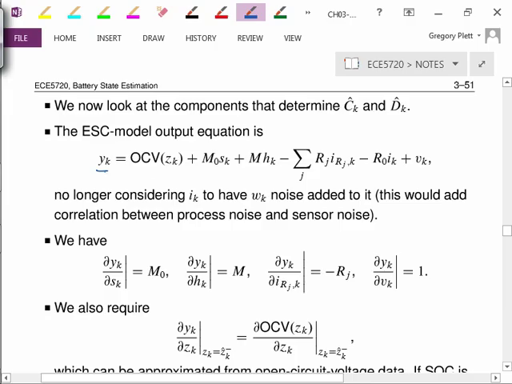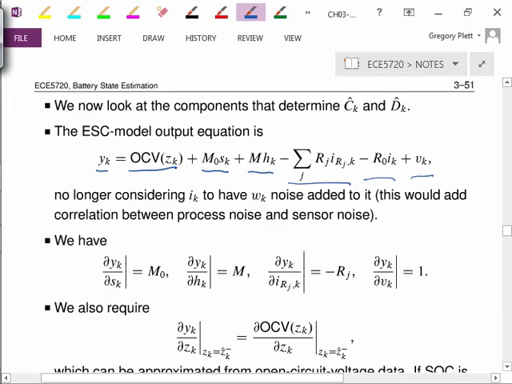It says voltage equals open circuit voltage function evaluated at the present state of charge plus the magnitude of the zero-state hysteresis times the value of zero-state hysteresis plus the magnitude of the analog hysteresis, if you will, times that hysteresis state, minus the diffusion and minus i_k times R_0, and then plus a sensor noise.